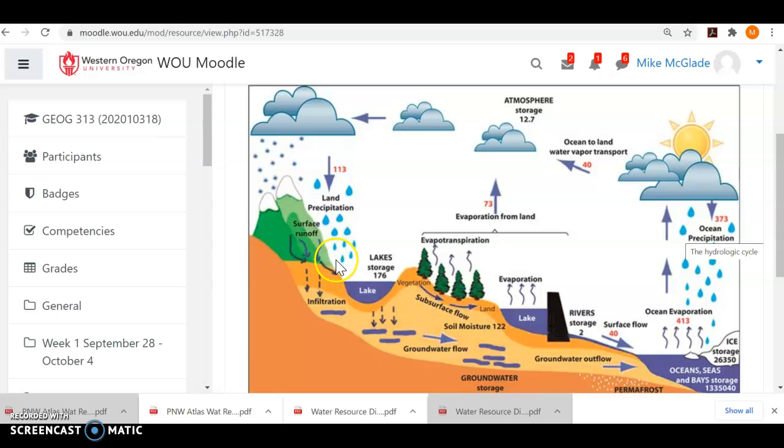And infiltration in the most technical way means when it penetrates the ground and goes subsurface. And then as it continues to go down, that's sometimes called percolation, but that's fine. We'll use the broad term infiltration. This is a simple diagram. And so what happens is eventually some of that water will become groundwater and will flow, and eventually will come out either in the oceans or a kind of similar term, but sometimes called subsurface flow, where there isn't necessarily an aquifer down below or just a whole water table.